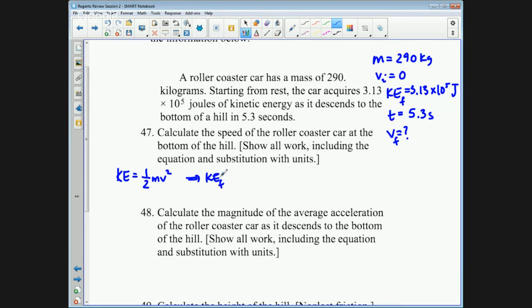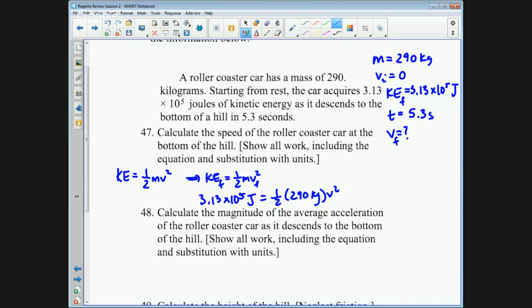Kinetic energy final equals 1/2 times mass times the final velocity squared. So my final kinetic energy, 3.13 times 10 to the 5 joules, equals 1/2 times 290 kilograms times V squared.